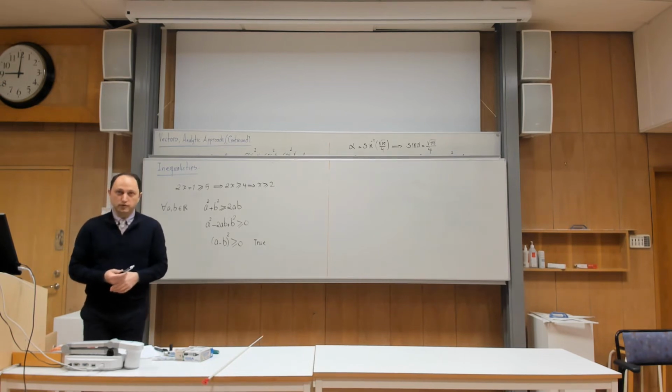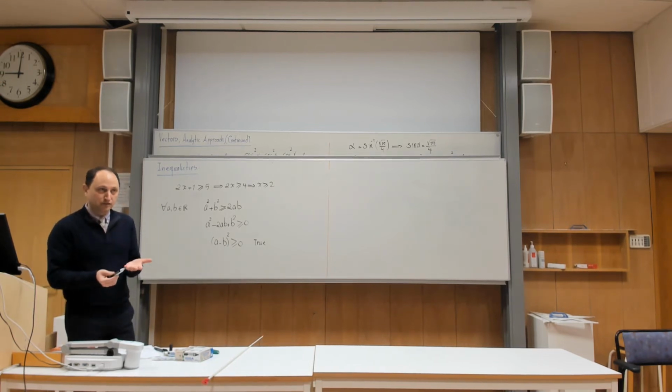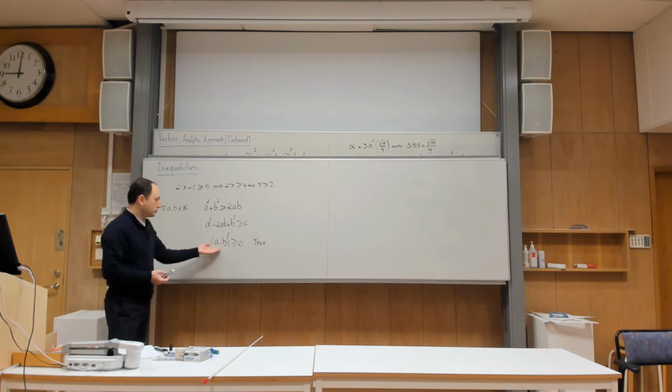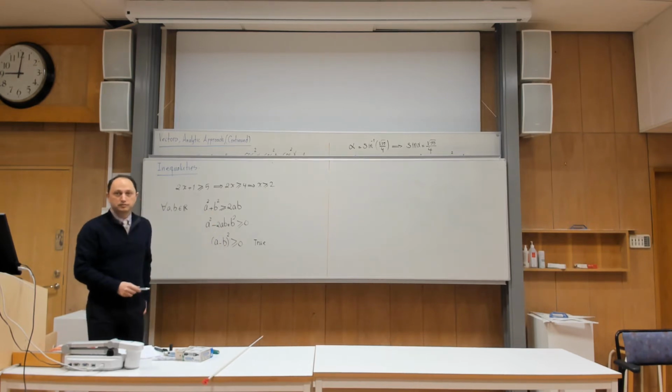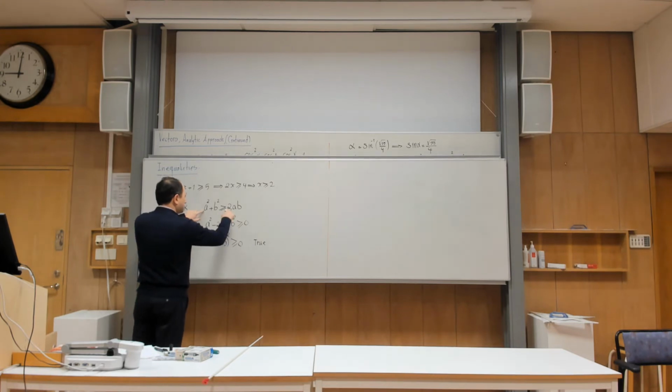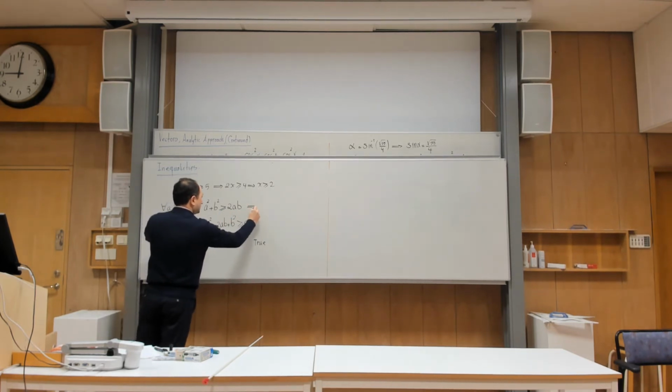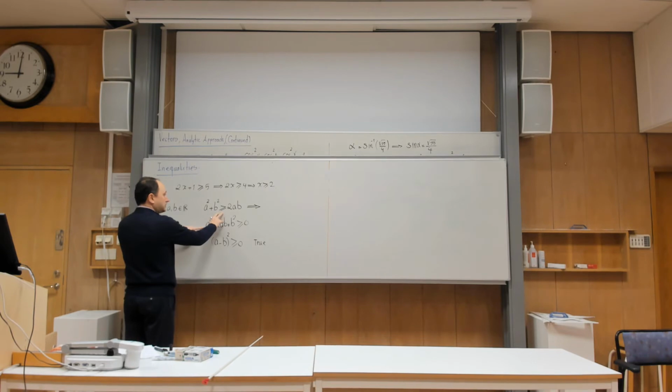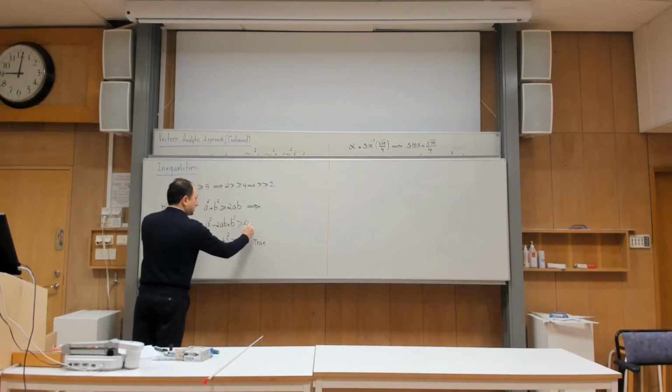From the logical point of view, there is a big if. Why, if this is true, does it guarantee that this is true? You see, the logic is the other way around, yes? Because I want to prove this, I actually prove this one. But why is this enough for proving this to be true? So let me put these arrows. From here to here, I can put this arrow. So it means that if this is true, I conclude this is true. And if this is true, I can conclude this is true, yes? Full stop.